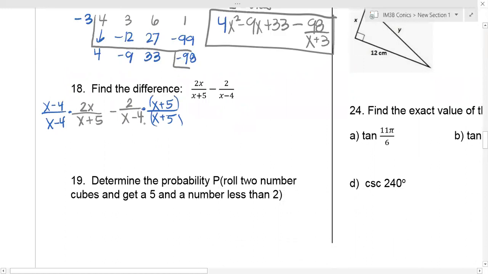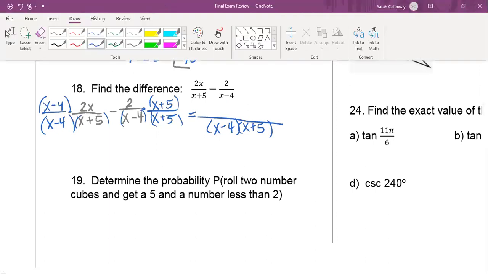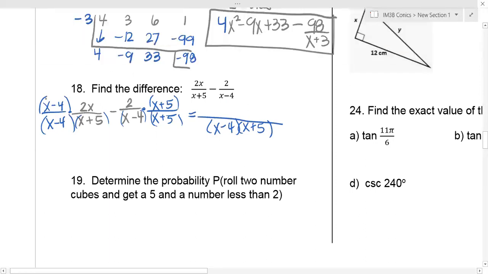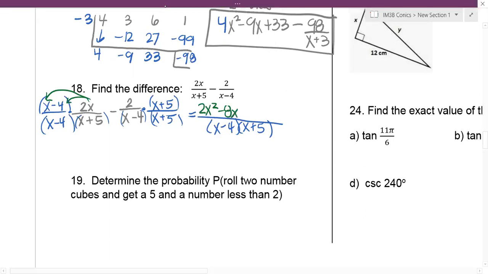So when I do this, I don't have to multiply out the denominator. I'm just going to leave it as x minus 4 times x plus 5. So they share the same common denominator now. What I am going to do, though, is multiply out the numerator. So if I have 2x times x, that gives me 2x squared. And then 2x times negative 4 gives me minus 8x.